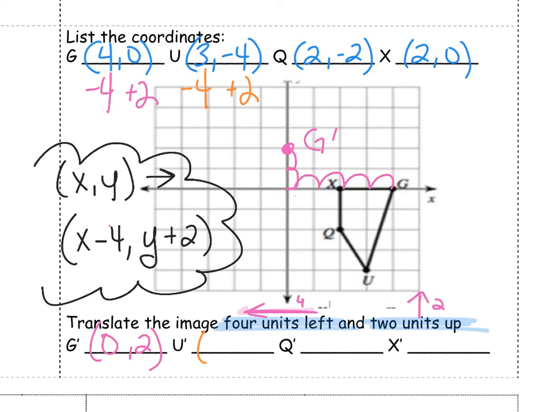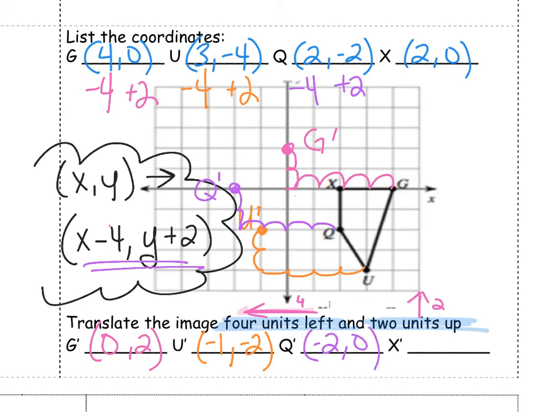U prime should end up at -1, -2. 1, 2, 3, 4, 1, 2. U prime. And that I did. And then we're going to continue with the next point. So you can either find your new coordinate by using the rule that we wrote, or you can simply shift where the point is.